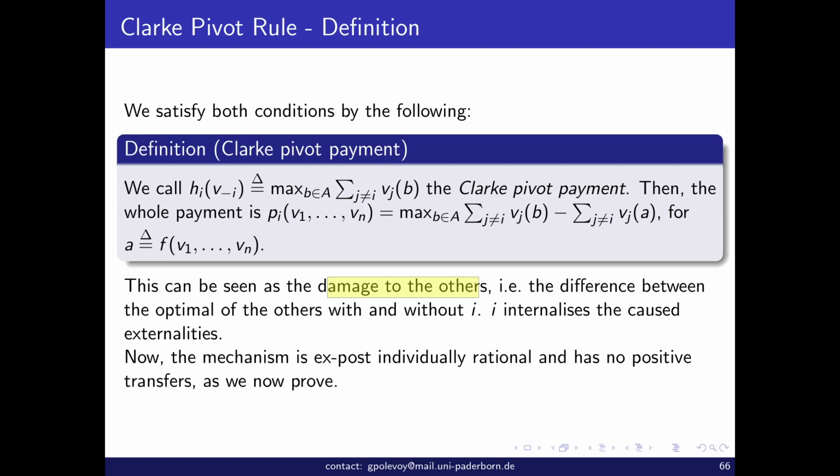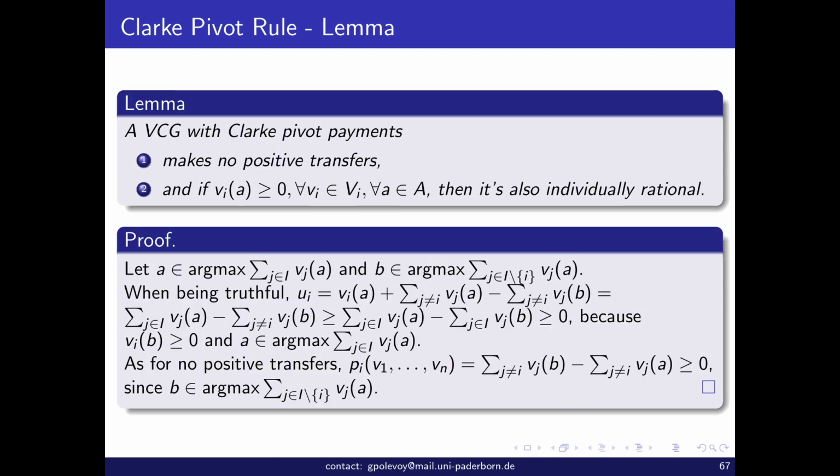And the mechanism, as in our proof, is ex post individually rational. So given that we know everything, it means it's always better for you to tell the truth, regardless of what the others tell. And there are no positive transfers, but that depends on the first assumption. First, no positive transfers is something we always have.